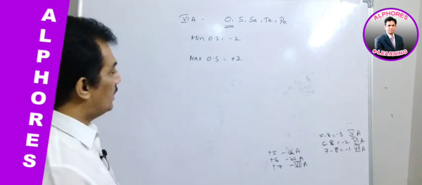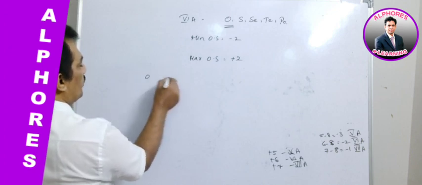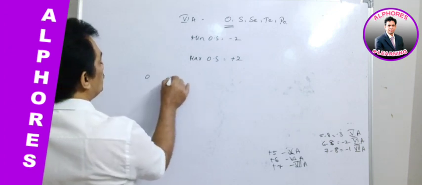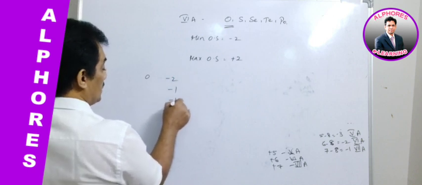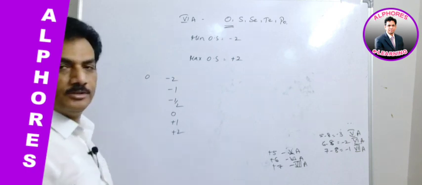Clear? And now what is the variability? Oxygen, similar to nitrogen, is also able to exhibit -2, -1, -1/2, 0, +1, +2 oxidation states.